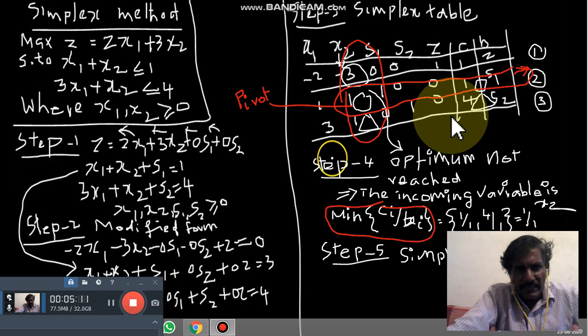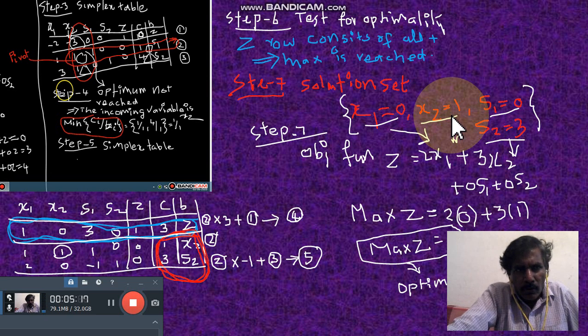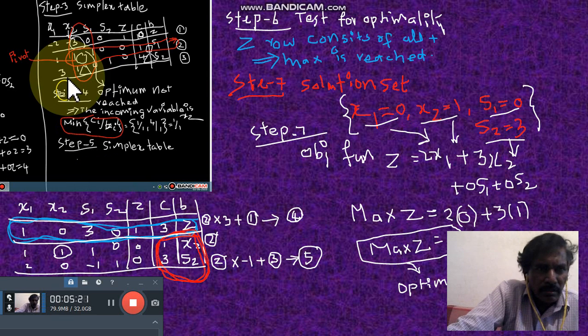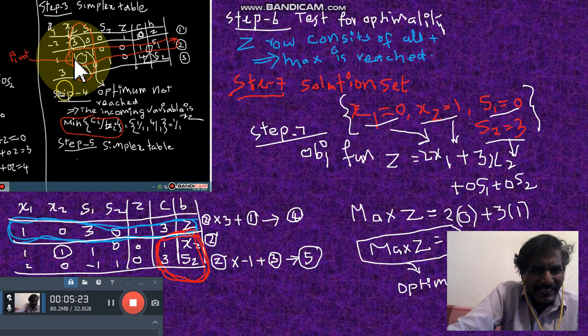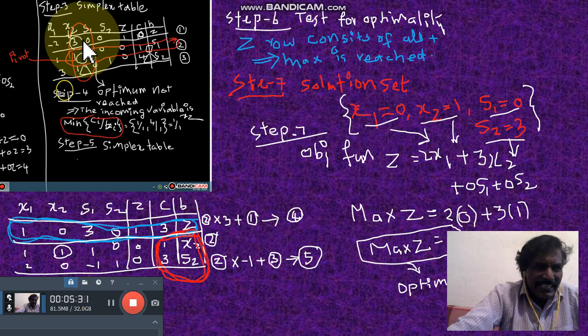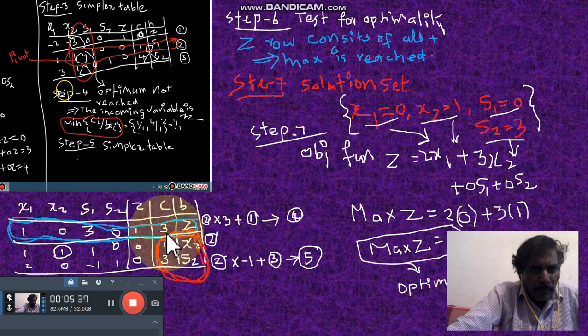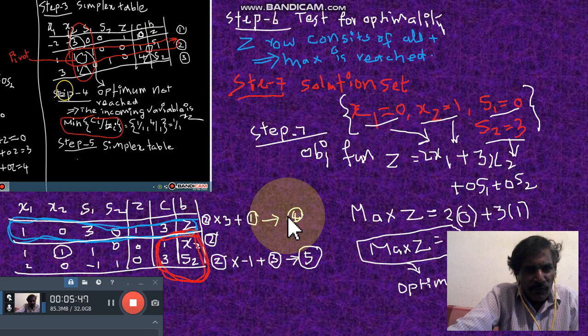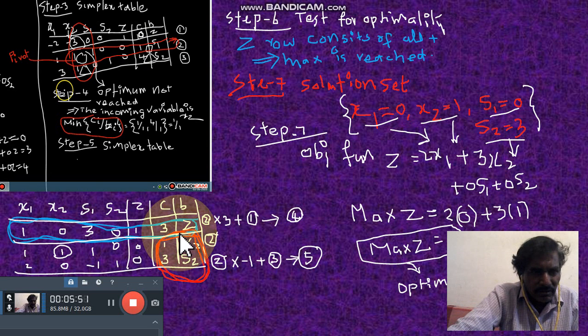Now coming to the next slide. Look at this. This is the next simplex table, where you go back here, and to make it 1 here, it is already there. Using this equation number 2, we have to make it 0 here, and we have to make it 0 here. For that, if you apply this particular rule, definitely you will get 0 here and 0 here. I mean, multiply equation number 2 by 3, add with 1, you will get equation number 4, and that is what this is.